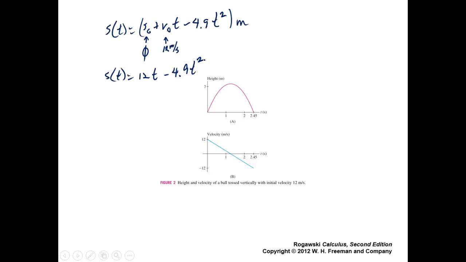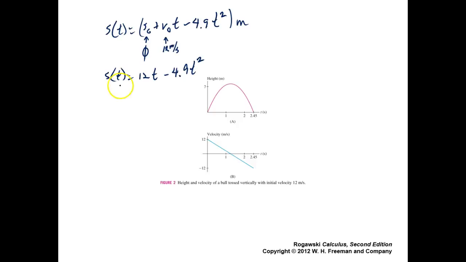It said, come up with the acceleration a of t. Well, what would be the first thing you would need to do? You're looking for the acceleration as a function of time, and you've been given displacement as a function of time. What's your next step? Take a derivative.